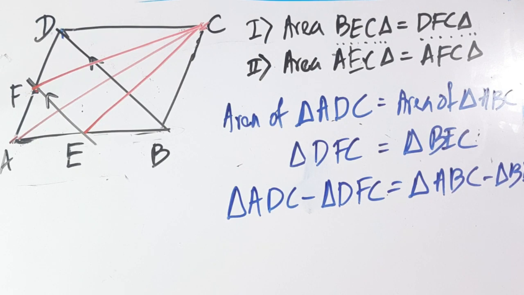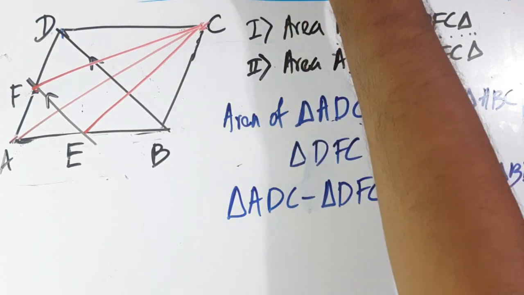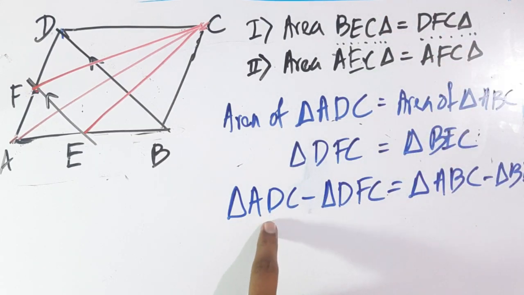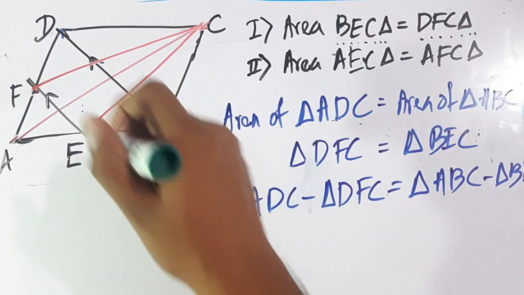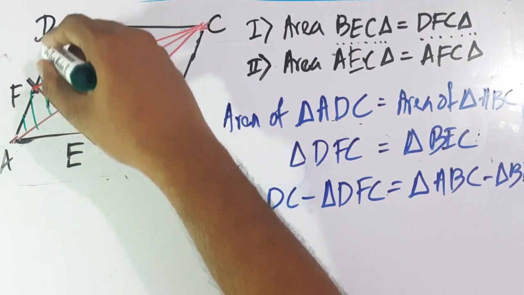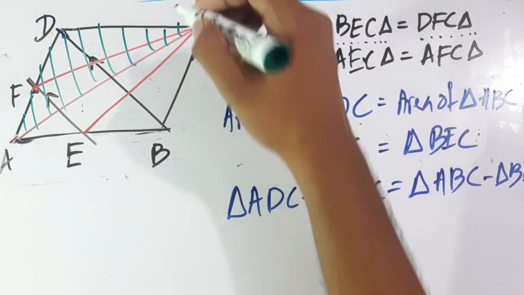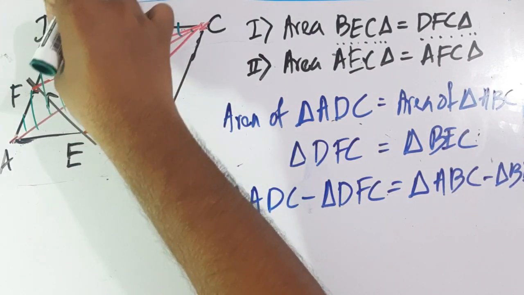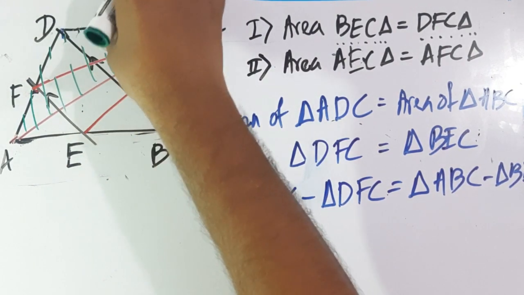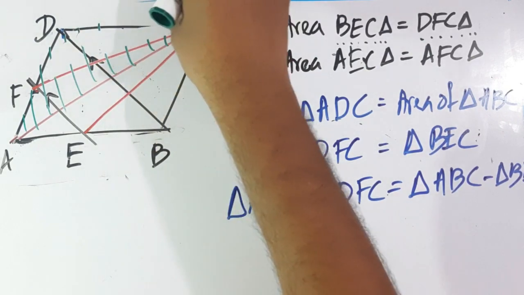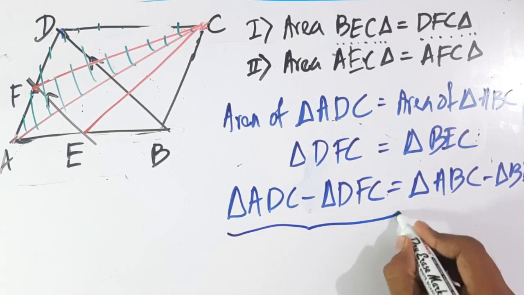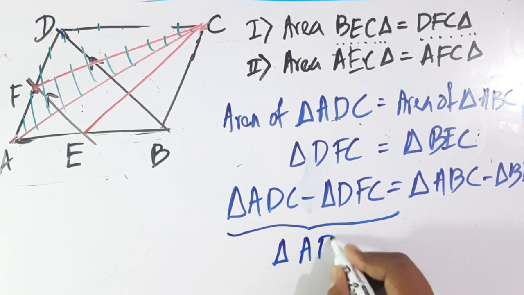And when I subtract it, this is the part where you have to pay attention. Triangle ADC minus triangle DFC. ADC is this full triangle. And from ADC, if you subtract DFC, that means if you subtract this part, you can see what is remaining is the triangle we want, which is triangle AFC. So when we subtract these two, we get triangle AFC's area.